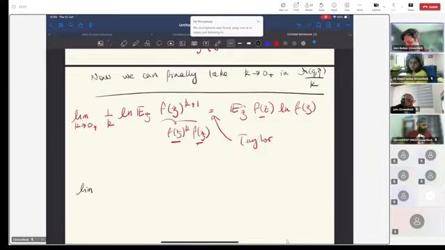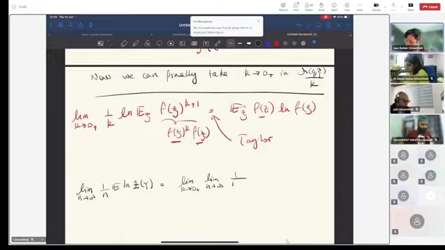So the limit, I summarize, limit when n goes to infinity of 1 over n expectation of log of the partition function of y is given by the limit when k goes to 0, limit when n goes to infinity, 1 over nk log of expectation of z to the k, which ended up being limit when k goes to 0 of 1 over k our action.